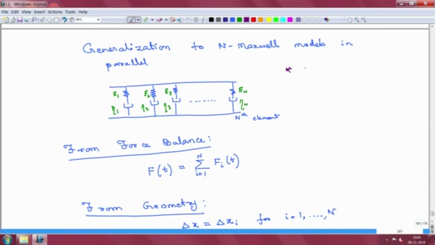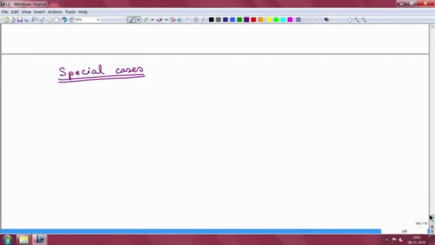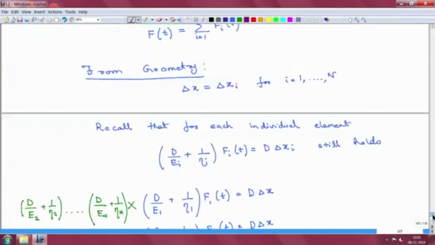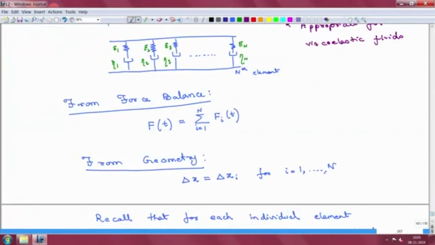I think I said that last time, appropriate for viscoelastic fluids. Special cases. So, what if you want to, okay, I will just quickly go back to the diagram. So, if you want to have a solid like response, what would you do here?